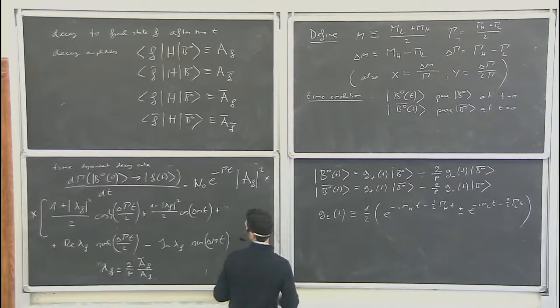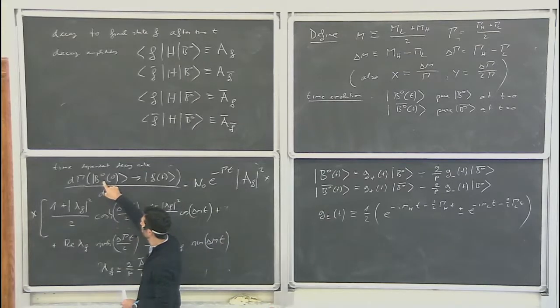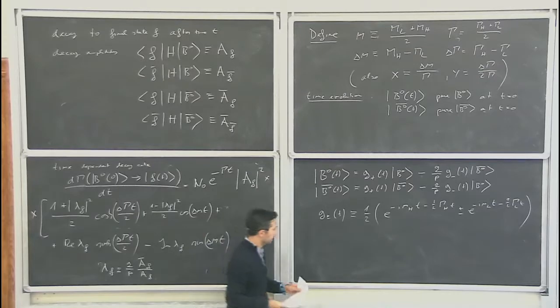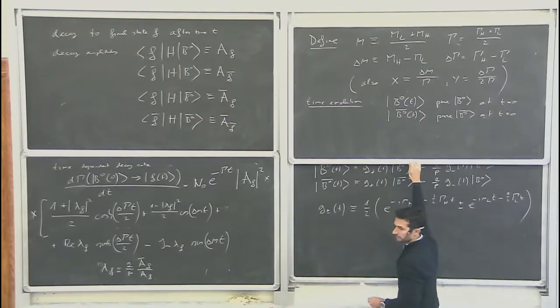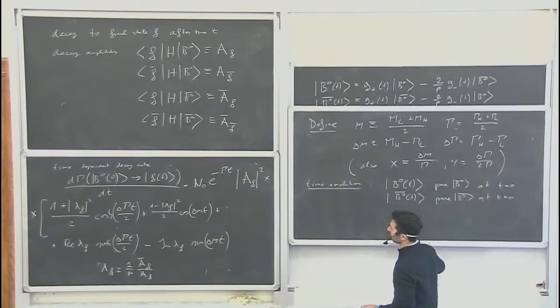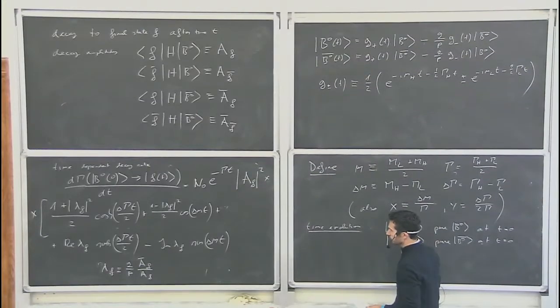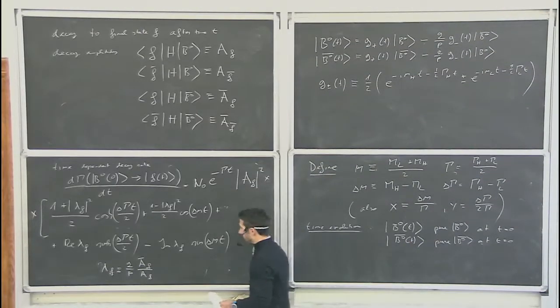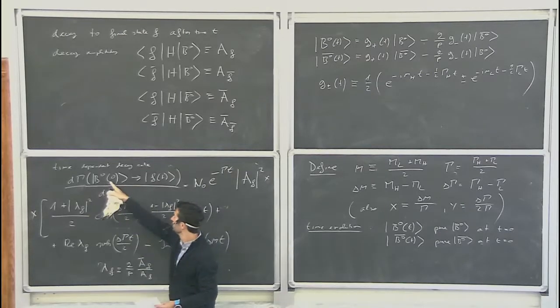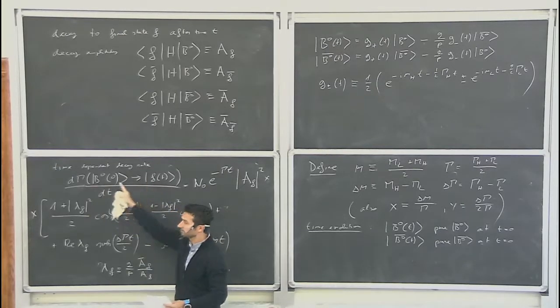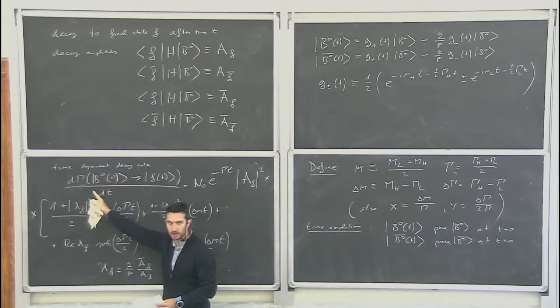Okay? So this was for evolution of B naught to f, and in general we'll have four such expressions. I will not write down all four. So B naught to f, B naught bar to f, B naught to f bar, and B naught bar to f bar.